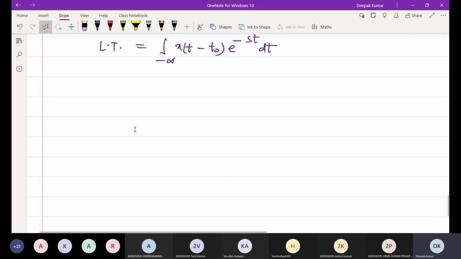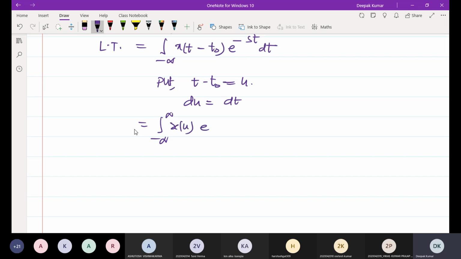And here if you put t minus t naught is equal to u, so dt will become du, and this Laplace transform will go from minus infinity to plus infinity, because the range is minus infinity, so this substitution will not change anything. So here x of u e to the power minus s, here t is equal to u plus t naught, du.